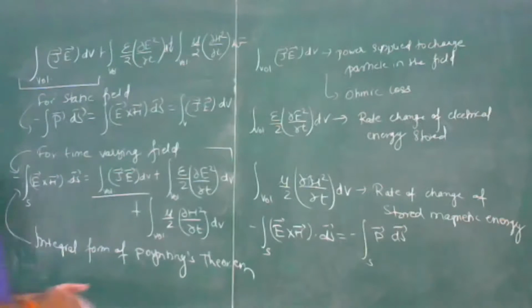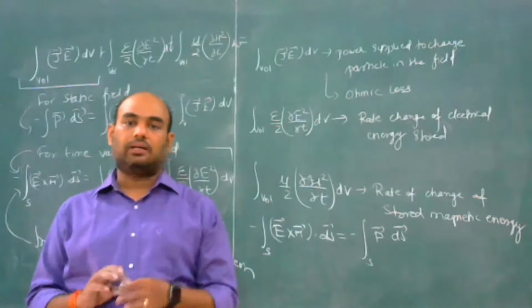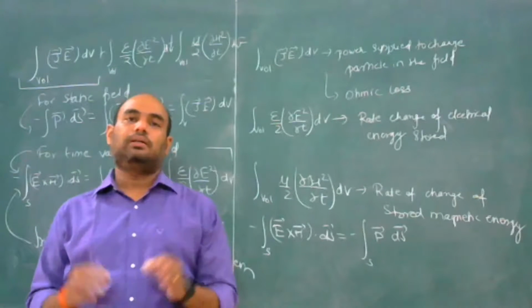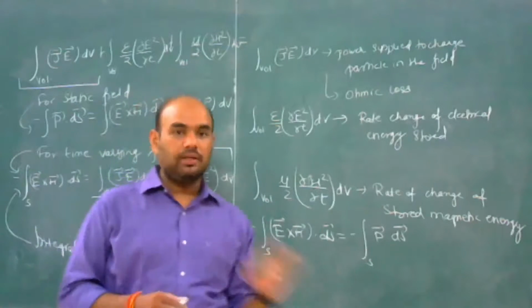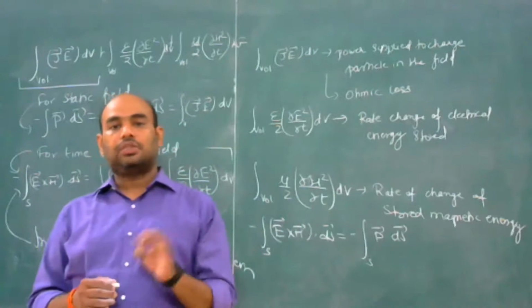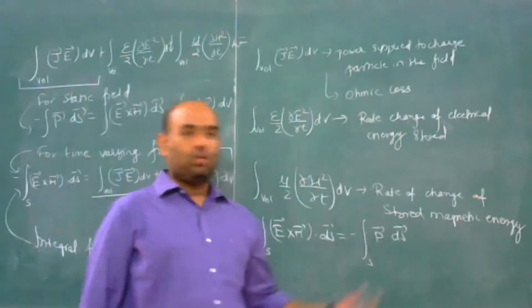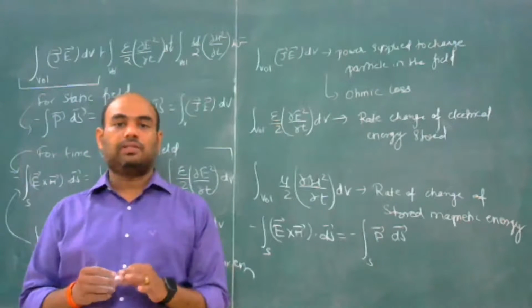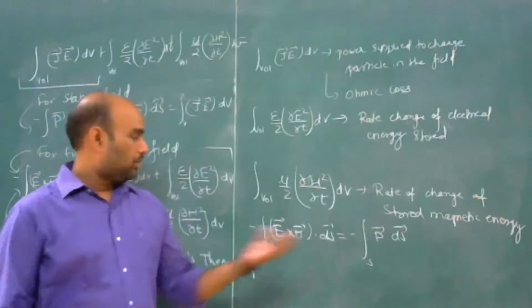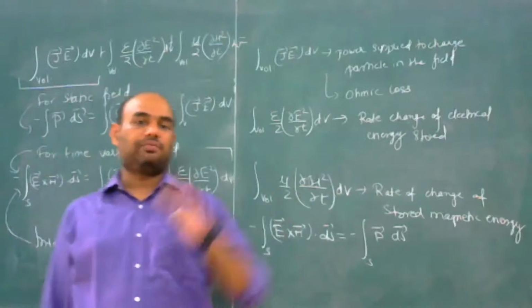So this represents the instantaneous power density vector associated with the electromagnetic fields at any given point. The surface integral of the Poynting vector over a closed surface will give the net power flowing out of the surface.